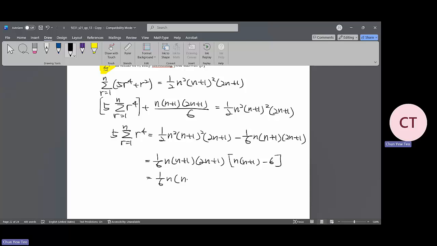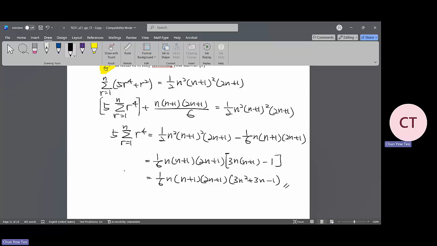You have (n+1)(2n+1)(n²+n−6). My apologies, there's a 3 here, because I factorize 1/6 out. This is a 1 and this is a 3. Okay, so you expand, simplify, you get 3n² + 3n − 1. This is the answer in the fully factorized form.